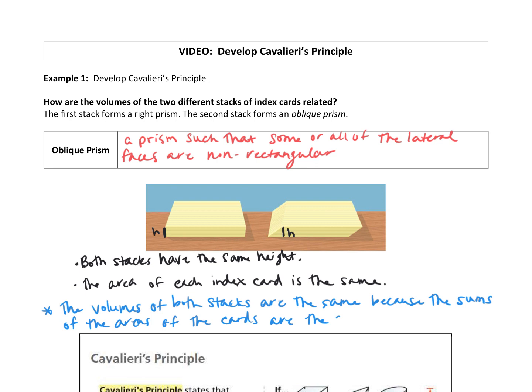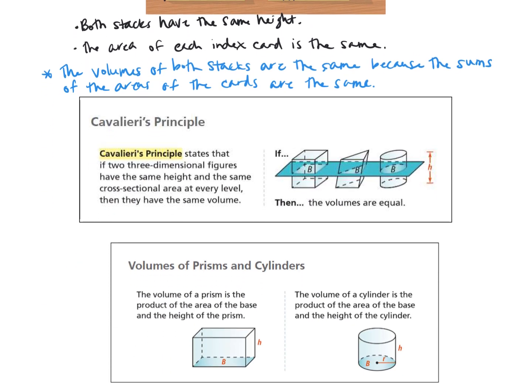All right, let's read that sentence all at once. So the volumes of both stacks are the same because the sums of the areas of the cards are the same. So that leads us to Cavalieri's principle.